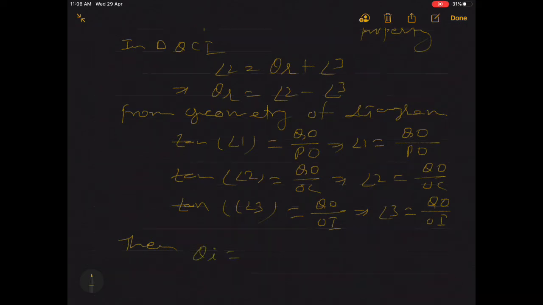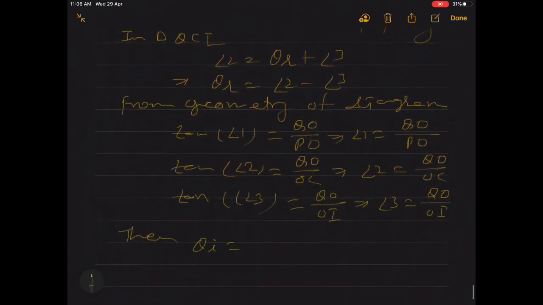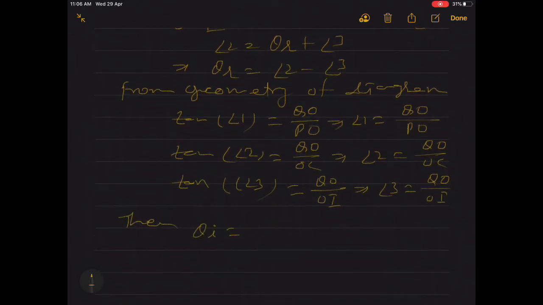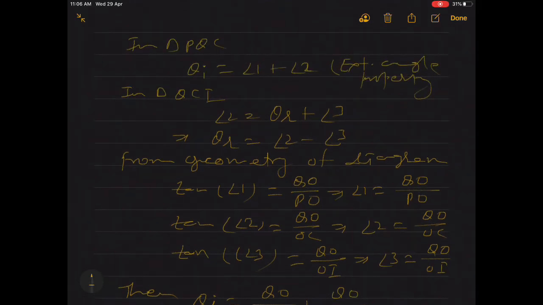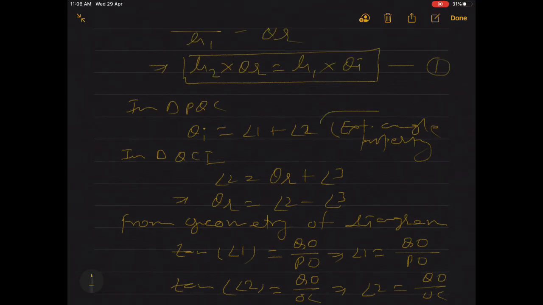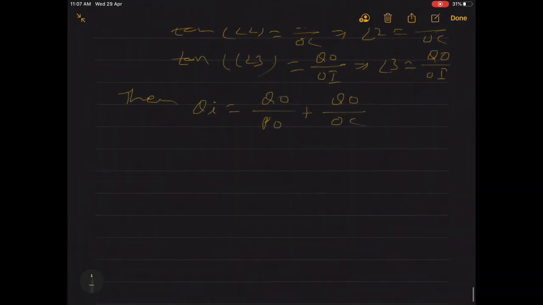Then theta I is equal to 1 plus 2, so QO upon PO plus QO upon OC. This we have obtained from, let this be equation number 2 and this be equation number 3.